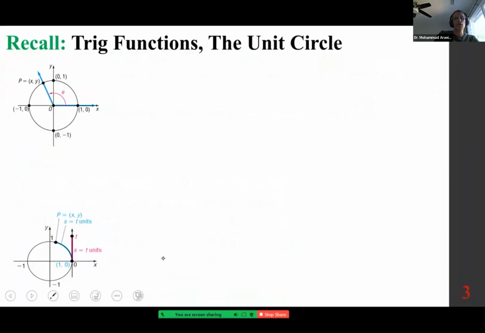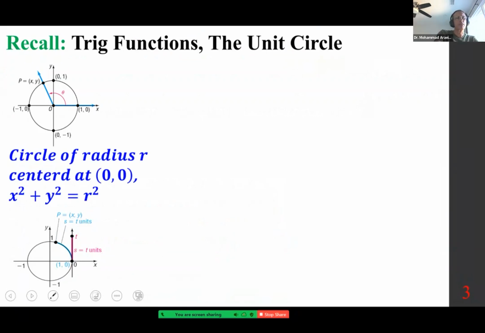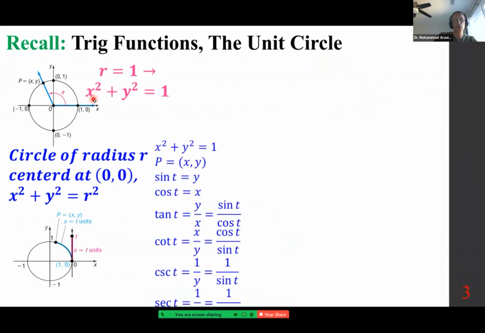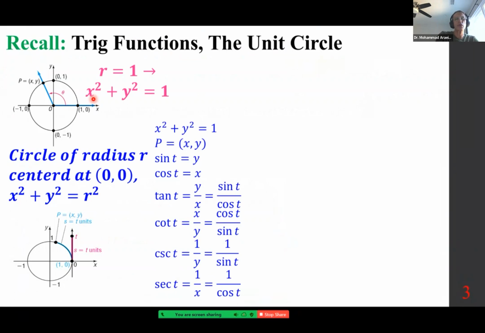So first, a quick reminder, we have a circle x squared plus y squared equals r squared, centered at 0, 0, and when r is 1 it becomes a unit circle, giving rise to the following formulas: x squared plus y squared equals 1, y represents sine, x represents cosine, and the formulas that you are familiar with.